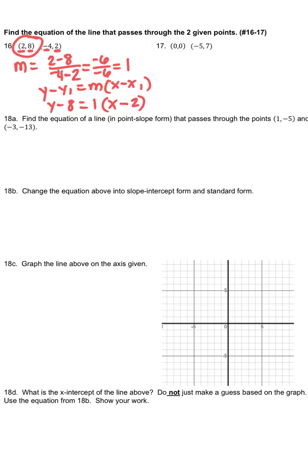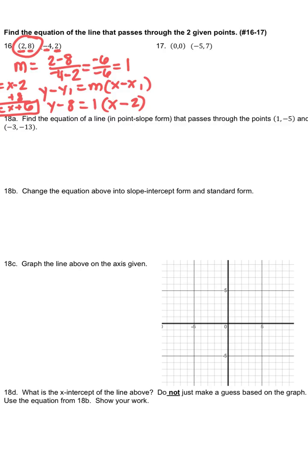And we go ahead and distribute. So we'd end up with, I'm going to write it on this side, y minus 8 equals x minus 2. And then we do plus 8 on both sides. y equals x plus 6 would be our equation.